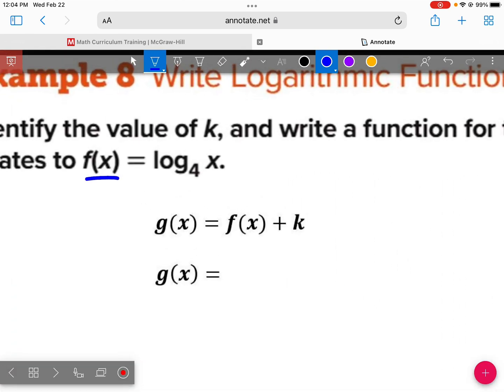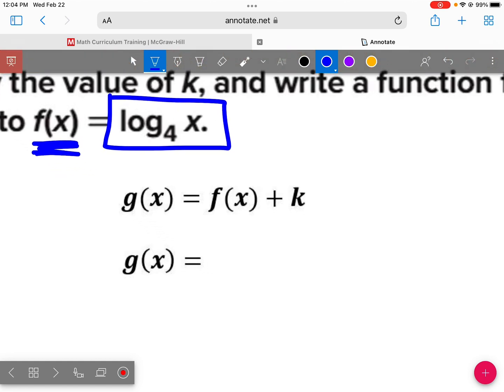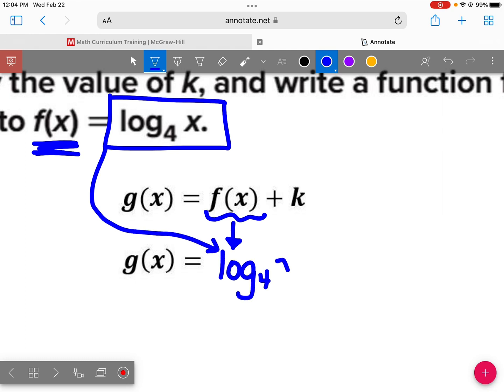They said it is a transformation of f of x, and here's the equation of f of x. We need to figure out how much was added or subtracted to the parent to get this. So f of x, I'm just going to copy from right here. Log base 4 of x.